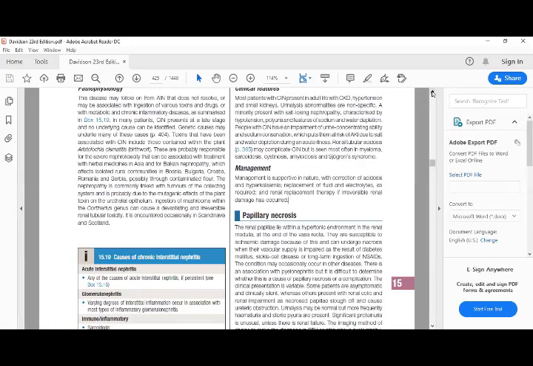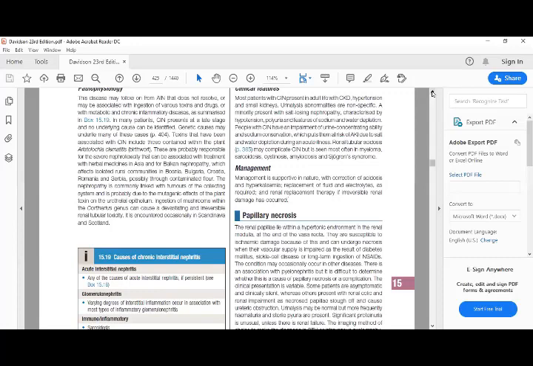The clinical features of chronic interstitial nephritis: it presents in adult life with CKD, chronic kidney disease, including hypertension and small kidneys. Urinalysis abnormalities are non-specific.